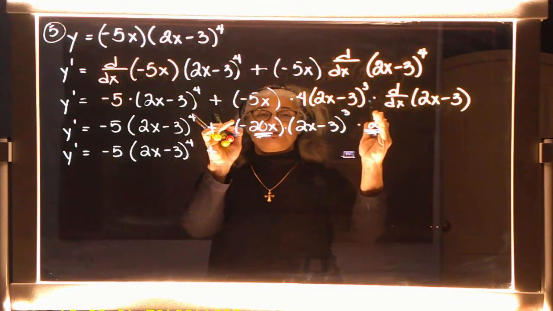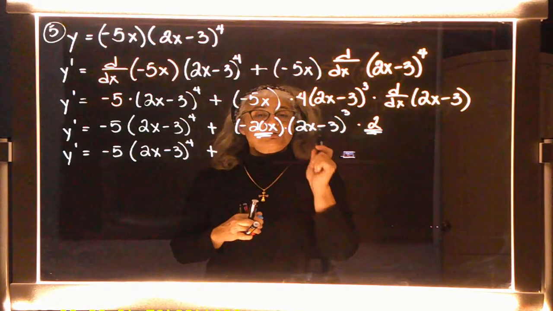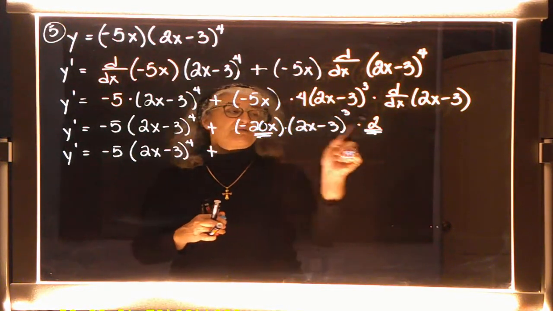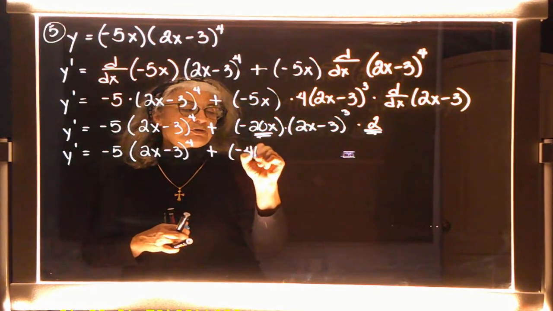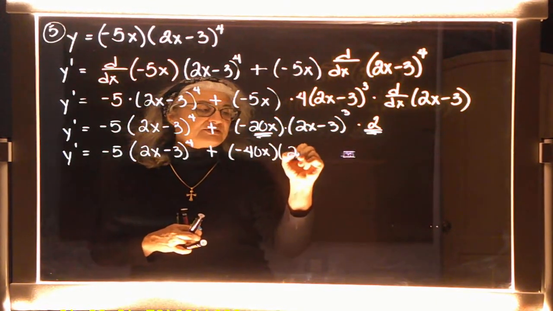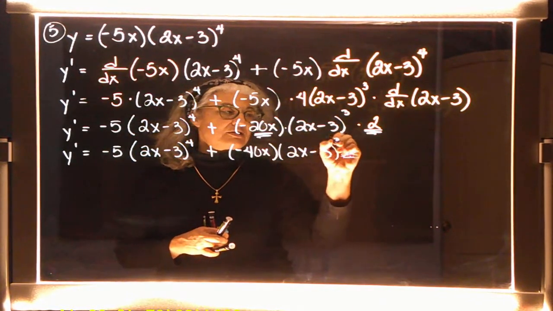So this whole thing is a multiplication problem. Couldn't I multiply the negative 20x times the 2? Excellent. So that'll give me a negative 40x and in parentheses 2x minus 3 to the power of 3.